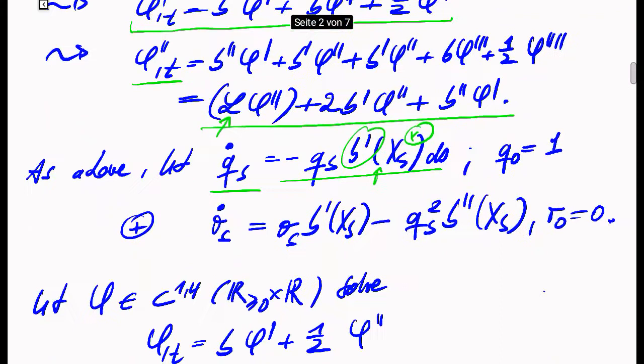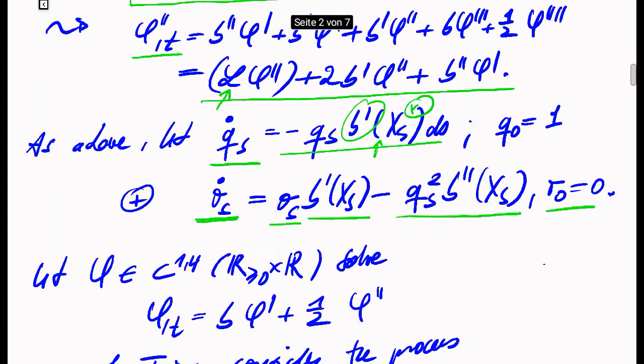And now we will have also another ordinary differential equation, which comes from the fact that we're dealing with the second order derivative formula, namely we have another process, which we call R. R is the solution to the following ordinary differential equation: R dot equals R_s times B prime of X_s minus Q_s squared times B double prime of X_s, and we start the R process at initial time at position 0.